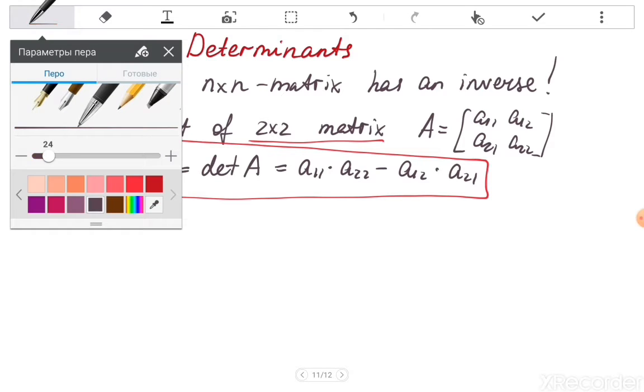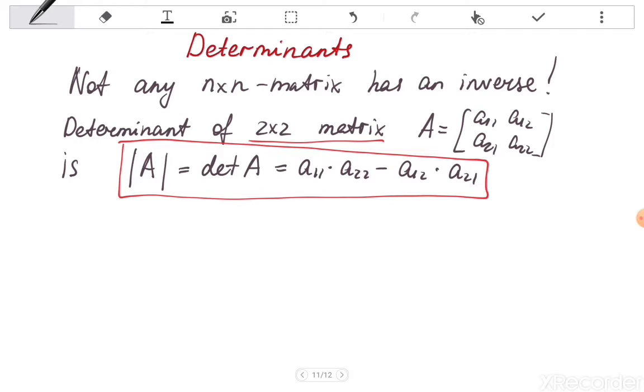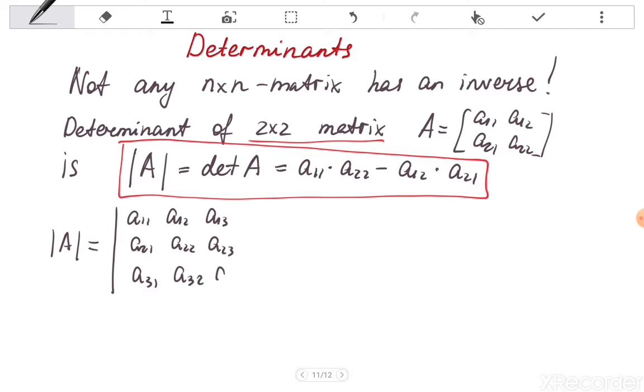What if we have a 3 by 3 matrix? In the case of a 3 by 3 matrix, we can use the following idea, the following property of the determinant. So if A is a 3 by 3 matrix, A11, A12, A13, A21, A22, A23, A31, A32, A33, then we can expand the determinant using the determinants of 2 by 2 matrices as follows.